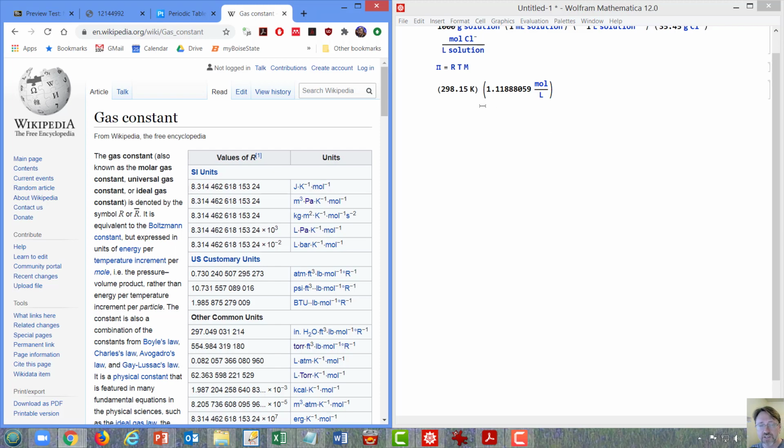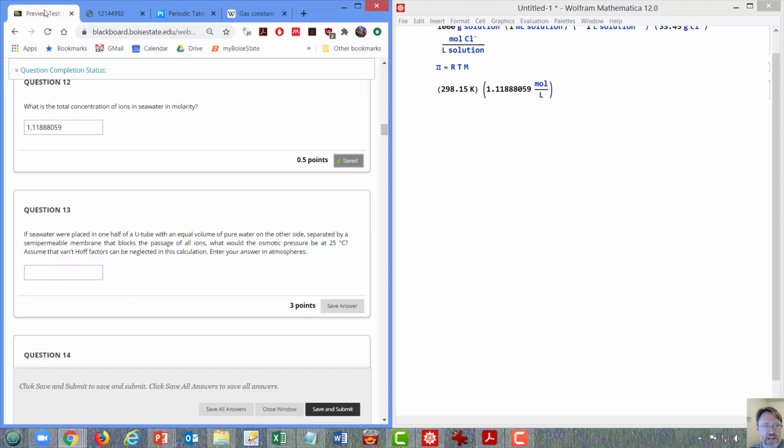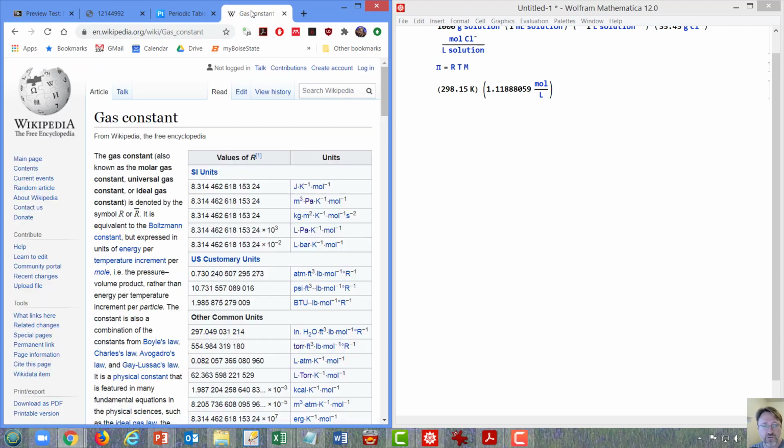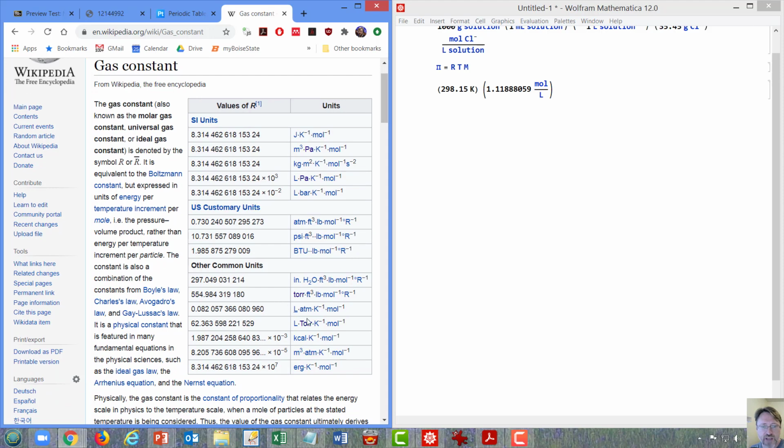And we need our gas constant, and we would like it in units where moles, liters, and Kelvin cancel, and it's asking for the answer in atmospheres. So we want liters atmospheres per mole Kelvin would be ideal. So that's this one.